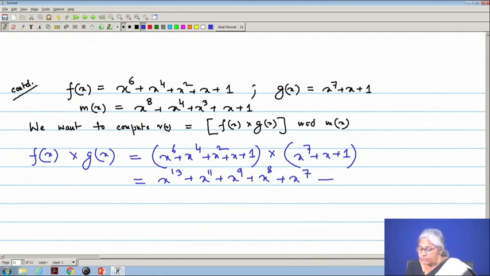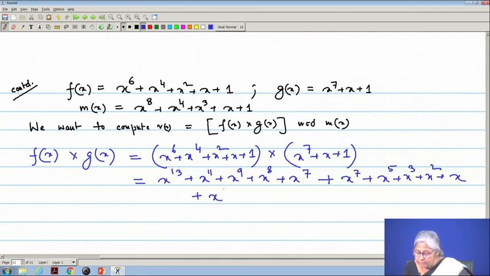Now I write the x term: x to the power 7 plus x to the power 5 plus x cube plus x square plus x. Then 1 into this means f x only: x to the power 6, x to the power 4, x square plus x plus 1.